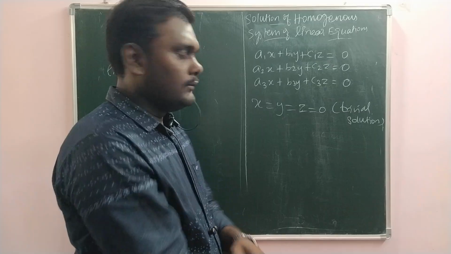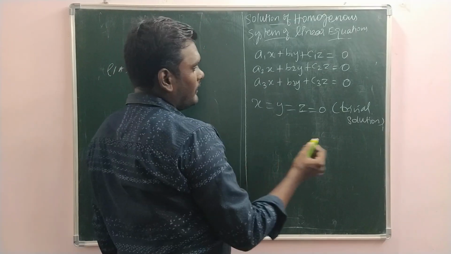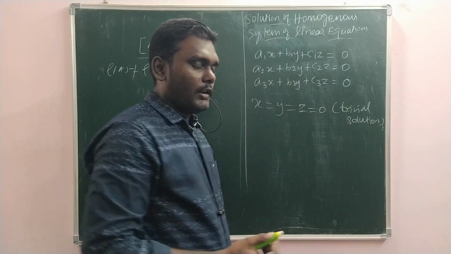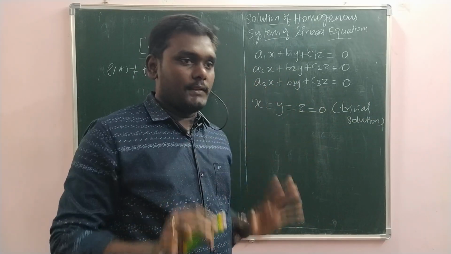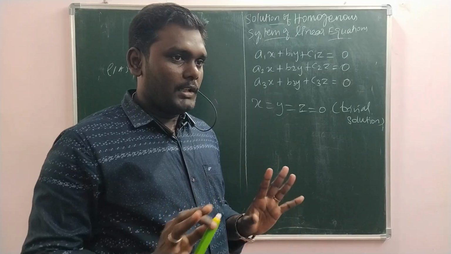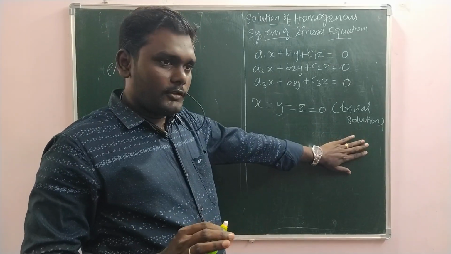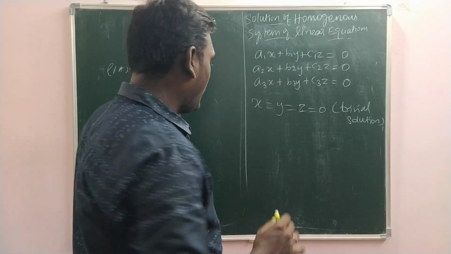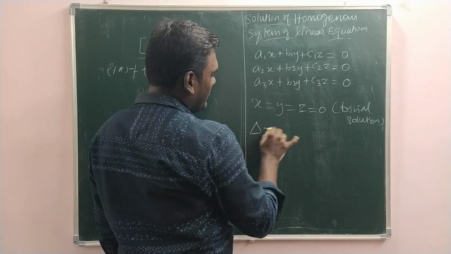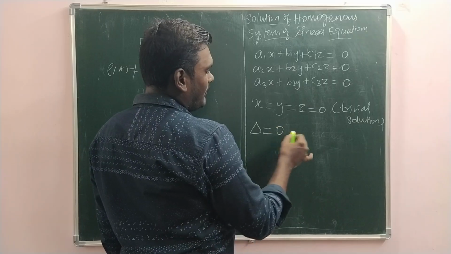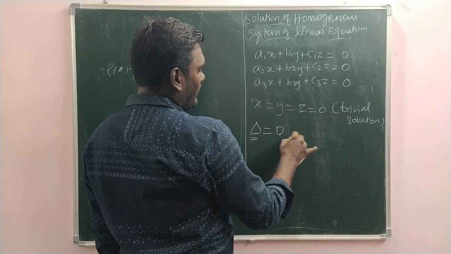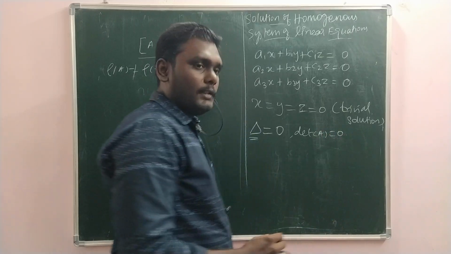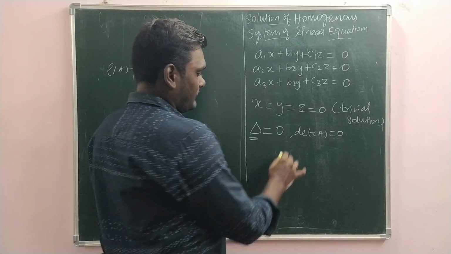Okay. So, unlike the non-homogeneous system, the homogeneous system is always consistent, but it may have either a trivial solution or infinitely many solutions. If delta is equal to 0, where delta means the determinant, that means determinant of A equals 0, then it is a trivial solution.